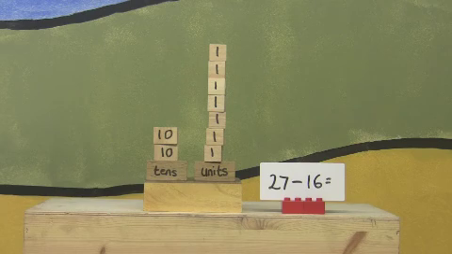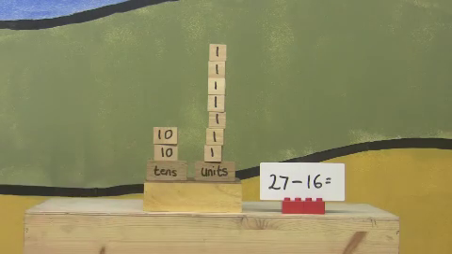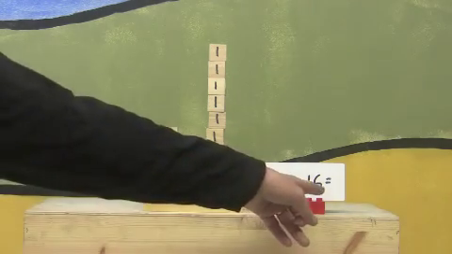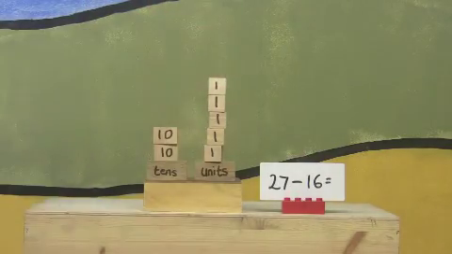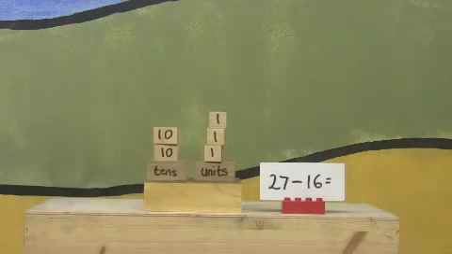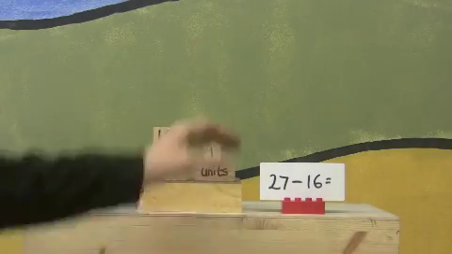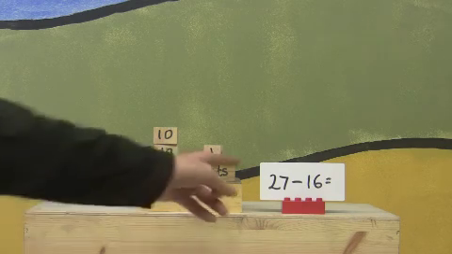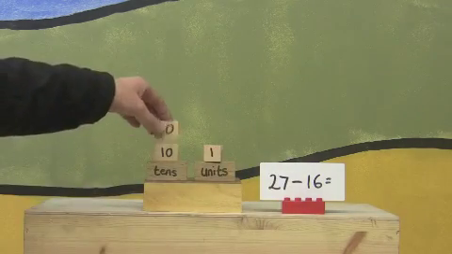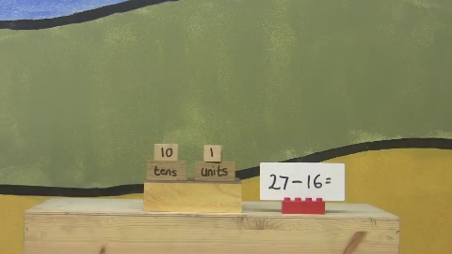So first of all, starting with the units, I'm going to take 6 away from the 7. So here's 6 blocks taken away, and we're left with 7 take away 6 is 1. Moving to the tens, 2 take away 1 is 1.